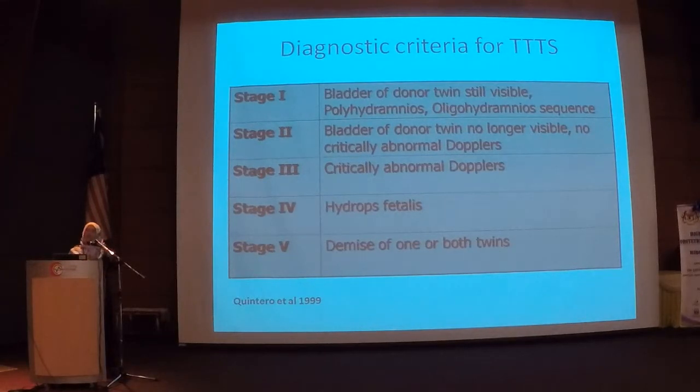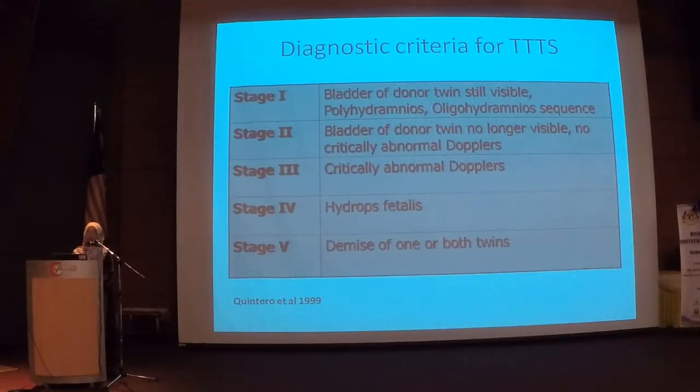That's why whenever we have a case suspected for twin-to-twin transfusion, even though we already had a detailed ultrasound of the babies before they came with TTTS, we still have to look at the fetus. We look at the bladder, whether it's present or not. We look at the heart, okay?